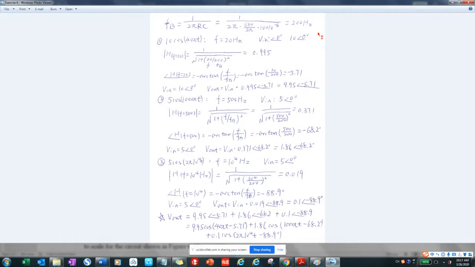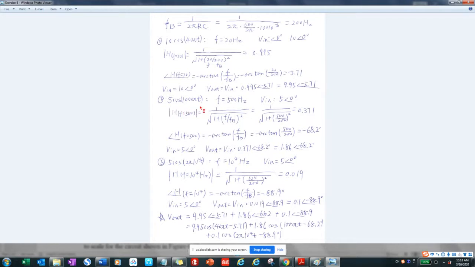This won't change. This depends on your circuit. After you set up your circuit, what is the resistor, what is the capacitor, then your fB won't change. This is a constant.